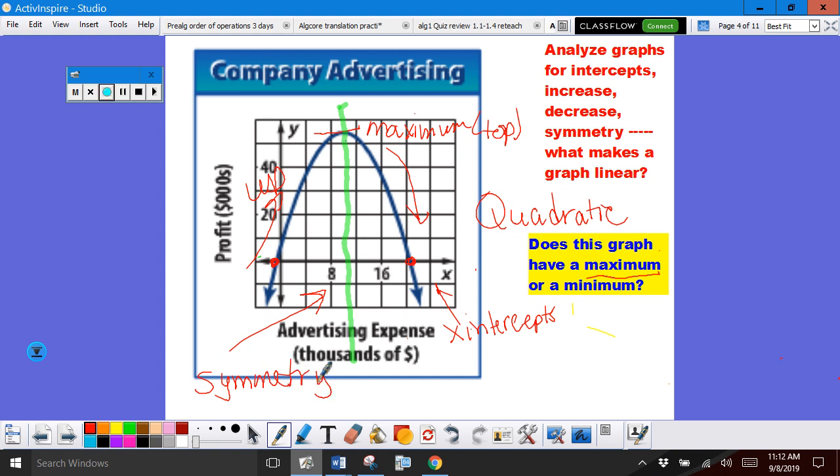So those are just some words that we're going to be kind of using more as we move forward. So intercepts, x and y intercepts, those should be familiar from last year. Maximum, which is a top, a minimum would be a bottom. Symmetry is the middle. This quadratic we're actually going to be doing a lot in second semester with. That's actually chapter 8 and 9.